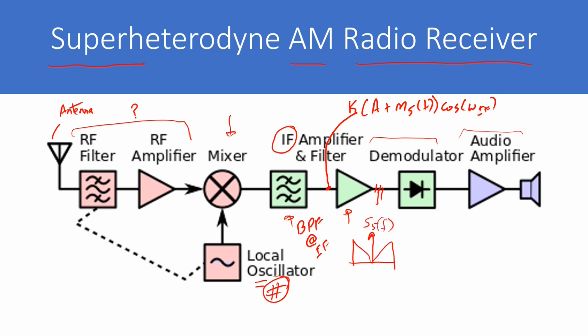So this is our S5 of f, and then this is basically passed through an envelope detector, which is nothing but a diode.